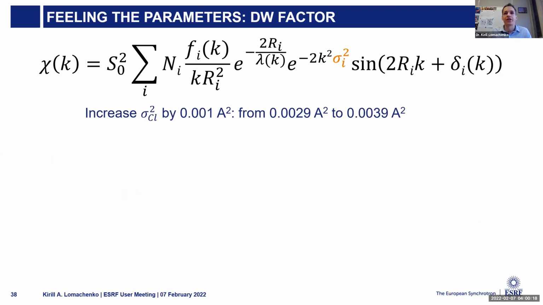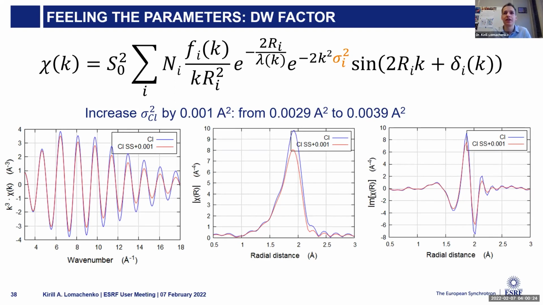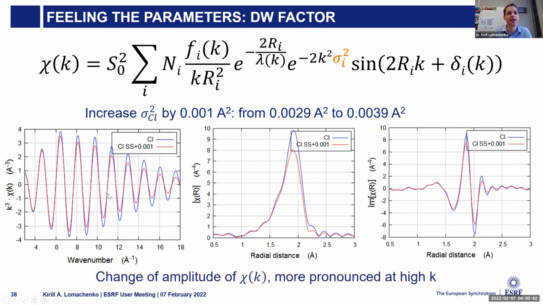The Debye-Waller factor: if we increase it a little bit from what we got initially during the fitting, you see that this substantial increase of the Debye-Waller factor leads to a decrease of the intensity of the spectrum. The decrease is more pronounced at high k. So you see that the oscillations are damped.